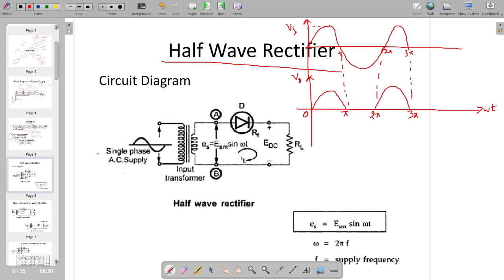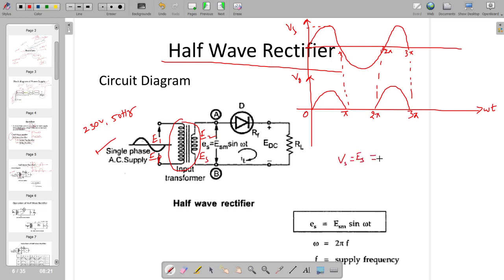Here is the single phase AC supply having 230 volts and 50 Hertz. This is the step up or step down transformer, and this is the output voltage of the transformer. If the input voltage is E1, this is E2, or the primary and secondary voltages EP and ES.